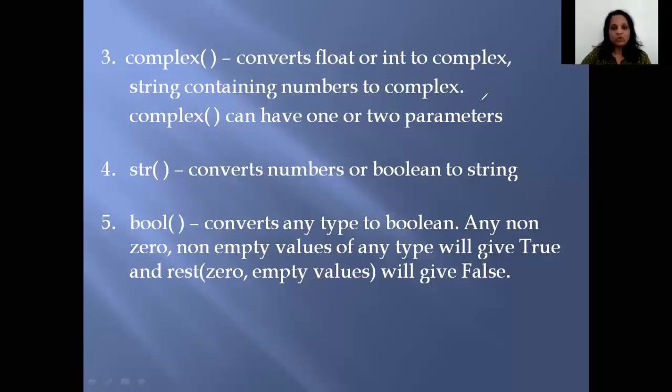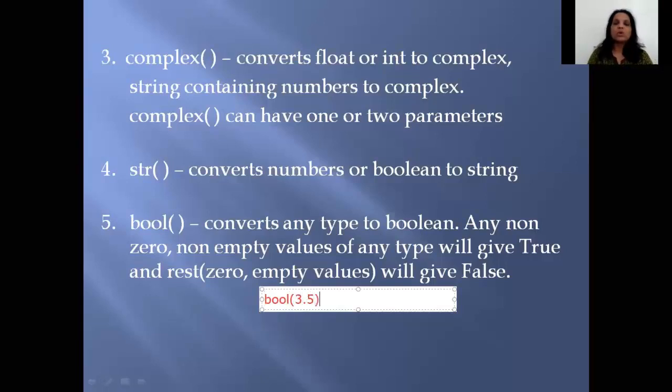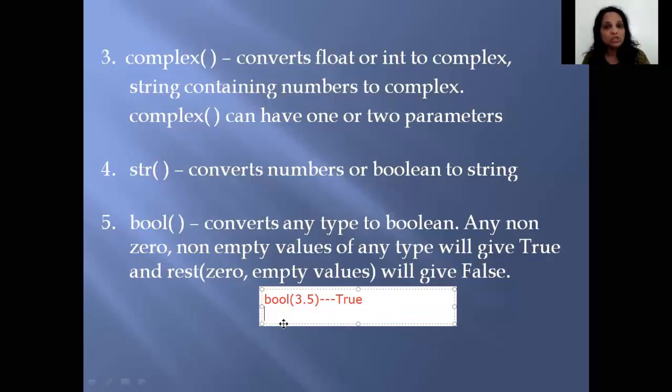So if you write this particular statement, let's say you write bool in bracket 3.5. So what am I taking the data for bool as? 3.5, which is a float. What answer will I get? It will give me True because it's a non-zero number. Okay, and remember we're converting it to boolean. So we can only convert to two things, either True or False.